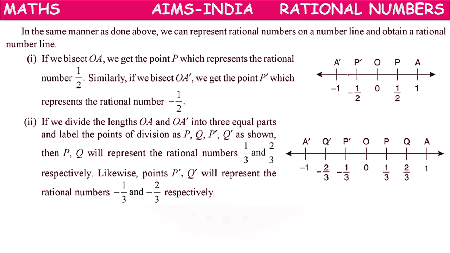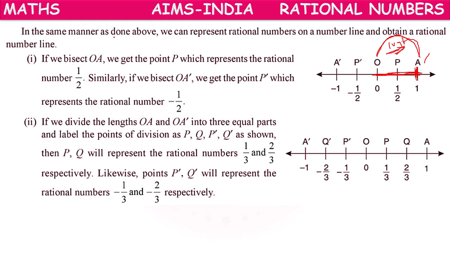On the integer number line, at a distance of 1 unit to the right side of O, we have marked point A, where OA distance equals 1 unit.